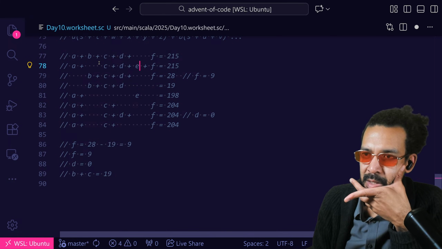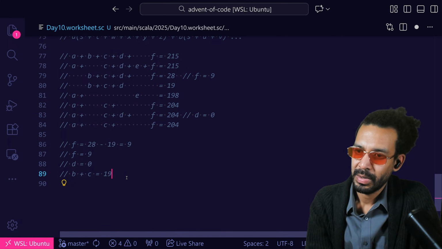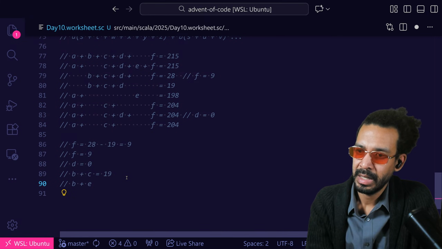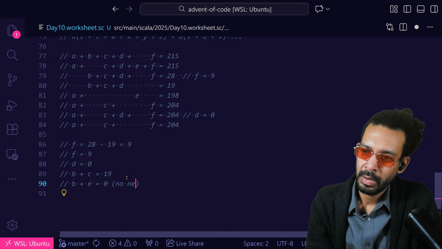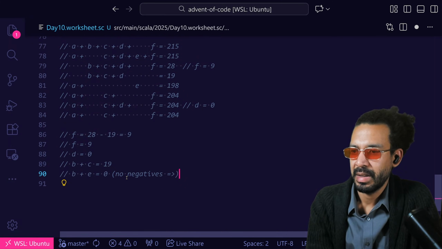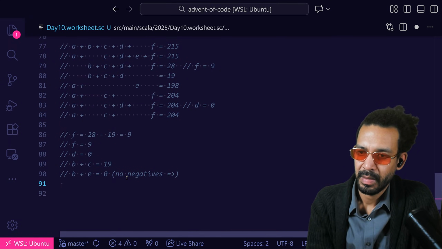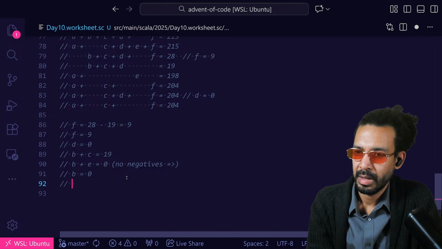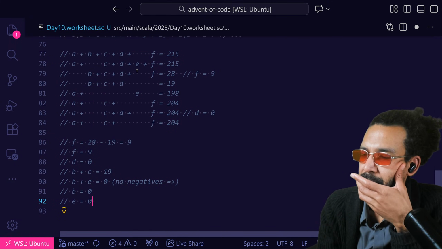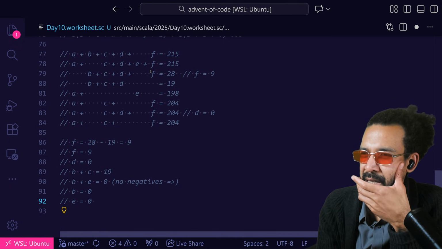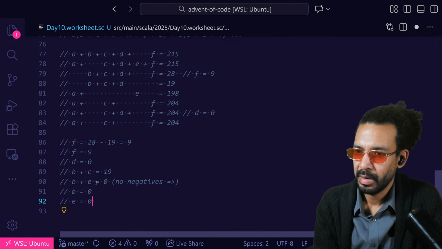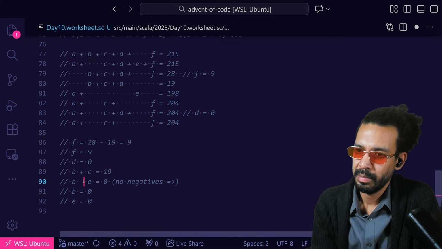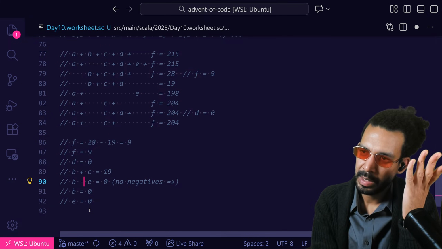But you don't have negatives, which means they're both 0. Or was it B minus E equals 0? Hold on. Let's say we subtract this line from the other. We have B minus E equals 0. Or rather, B equals E.